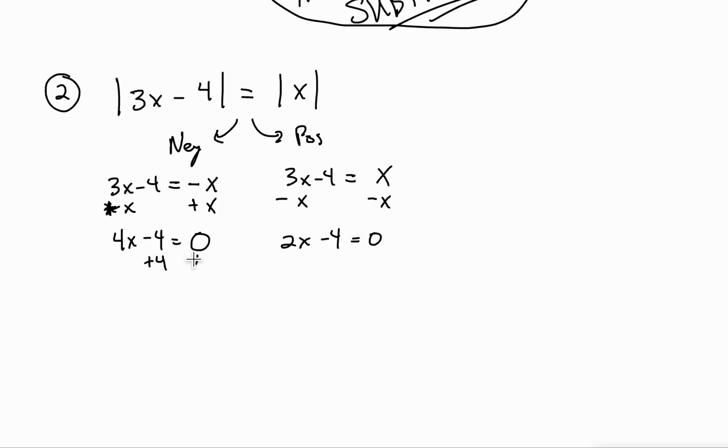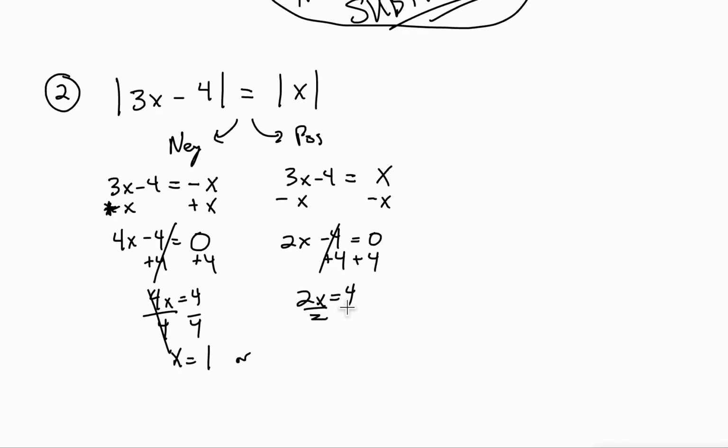Add 4 to both sides to get that x by itself. Those cancel out, so 4x equals 4. Divide both sides by 4. So x equals 1. Or 2x equals 4. Divide both sides by 2. So x equals 2.